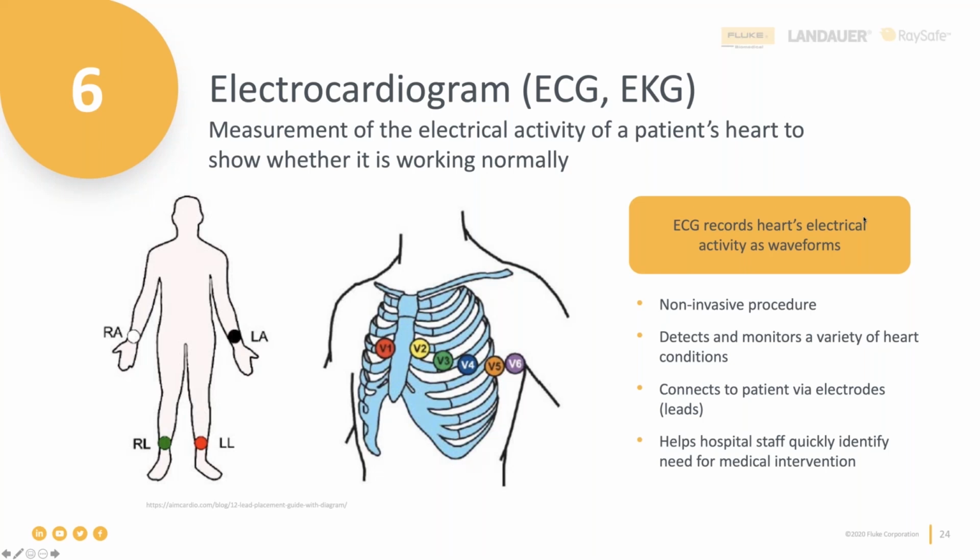So the point here is that since it allows seeing the heart from so many different angles, it is critical that all those electrodes, all those leads, are tested and verified very thoroughly. It's critical to know that they transmit electric signals to the monitor correctly and accurately from all of those angles, because some heart problems can only be detected from, for example, the pair of left leg and left arm electrodes.